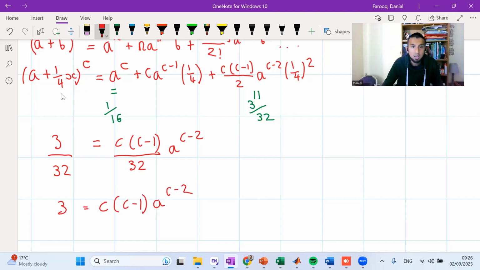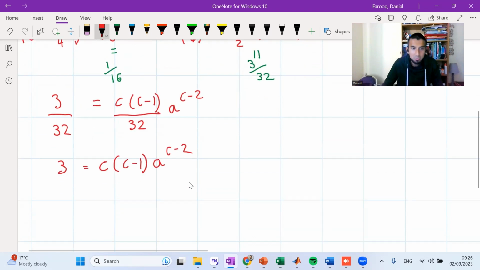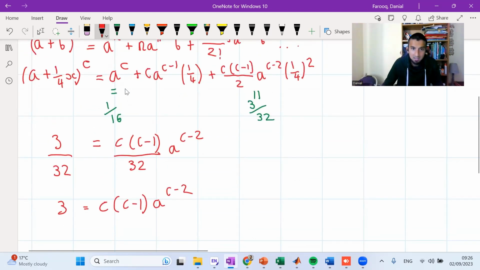So what we really want to do is get rid of c so that we can only find a, or get rid of a so we can only find c. However, we're not able to do that in this case.